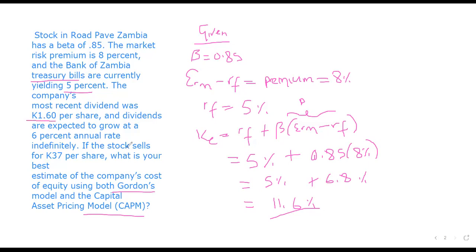What is this? Is it D0 or D1? It's D0, as it says most recent.